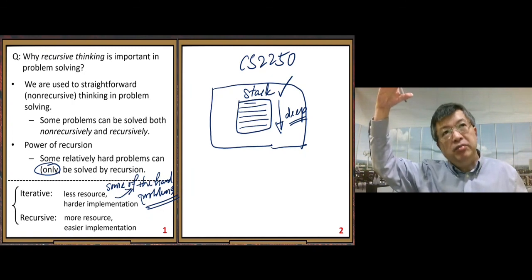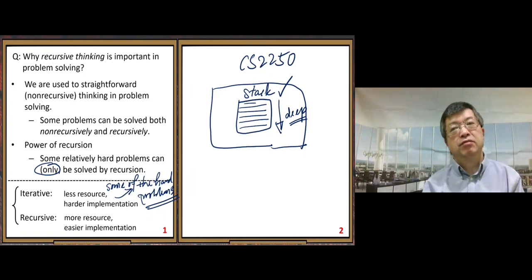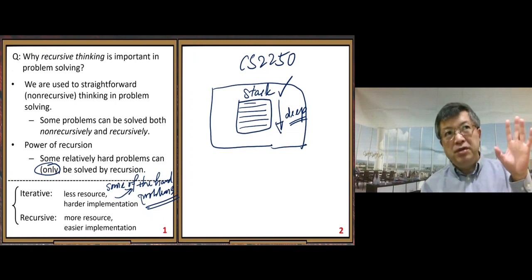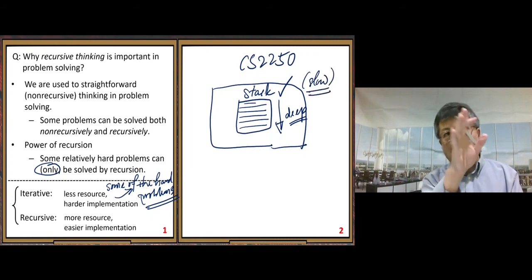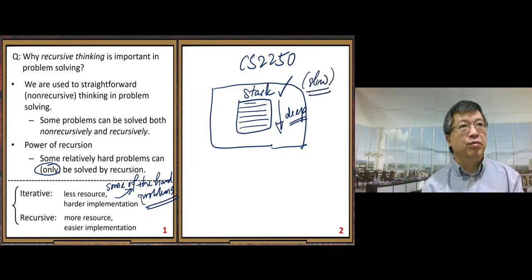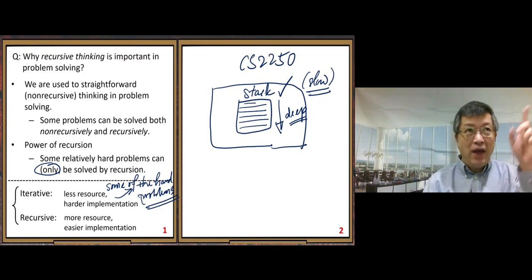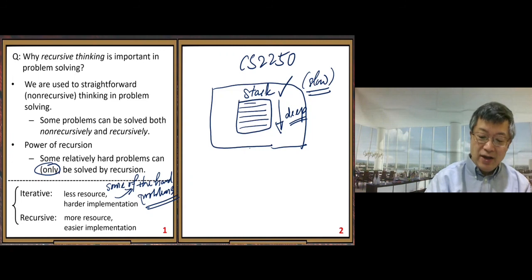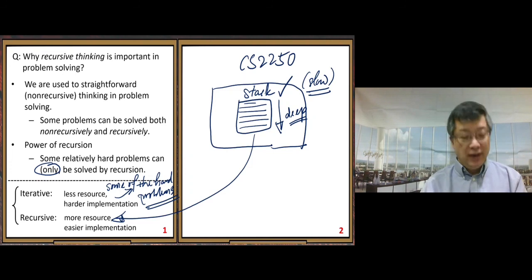It could be very, very deep, so more memory space is used. For that reason, it could be slow. When you use a lot of resource, the program could be relatively slow. So that issue you need to consider. That's the background behind this "more resource".